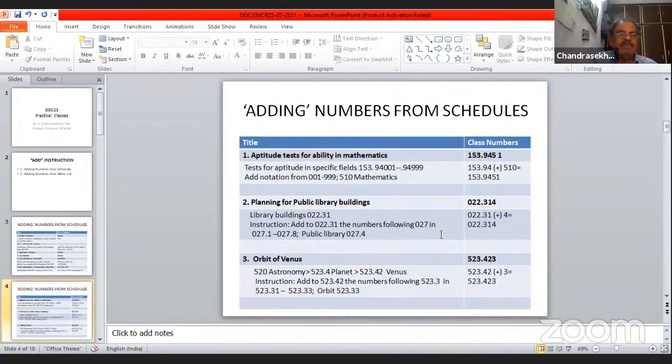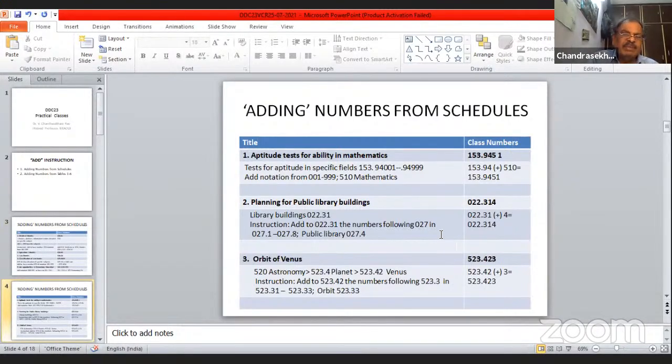Like that, planning for public library buildings. 022.31 is library buildings. They have asked us to add numbers from here, not a complete number. Previously we added 001 to 999. In this example, planning for public library buildings, you have to take numbers from the same class only, library science only.